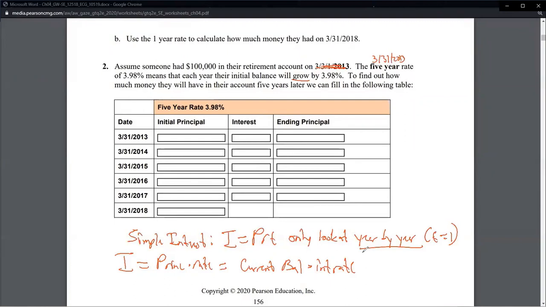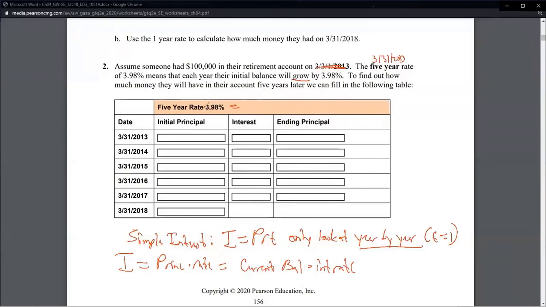Now, when we get into chapters 6, 8, 9, and we start talking about compounding interest, this will work a little different because we're going to compound on months instead of years usually, but we'll get there when we get there. For now, we're keeping this simpler. So when I want to find the interest for year 1, I just take the principal times its interest rate. Now this 3.98%, you've got to convert to a decimal.